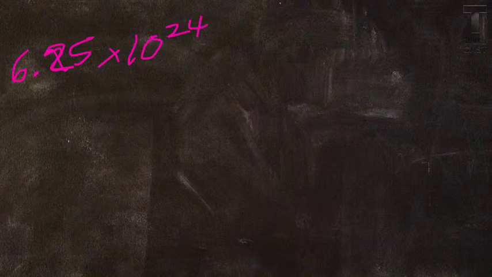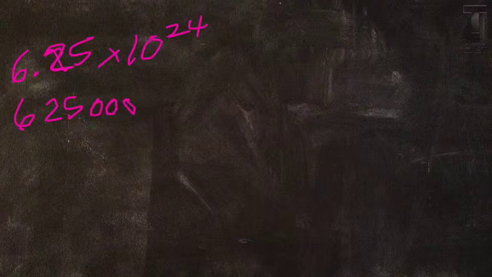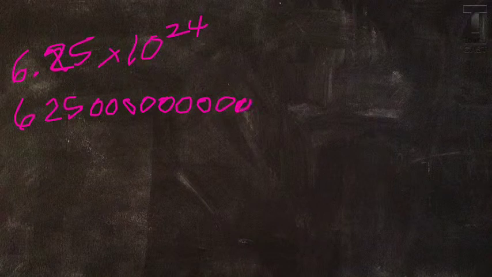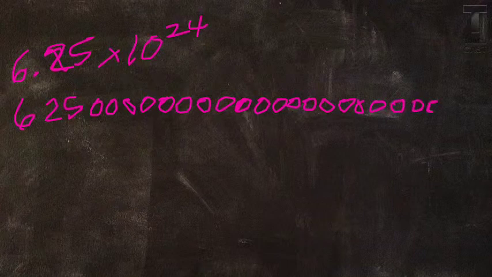If I've got the space, 6. The 2 and the 5 are 2 of my spots, so I need 22 zeros here. 1, 2, 3, 4, 5, 6, 7, 8, 9, 10, 11, 12, 13, 14, 15, 16, 17, 18, 19, 20, 21, 22.